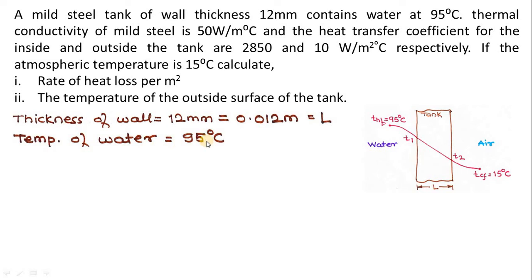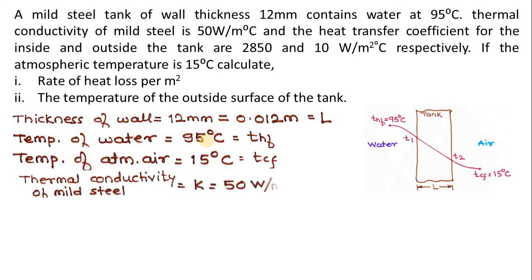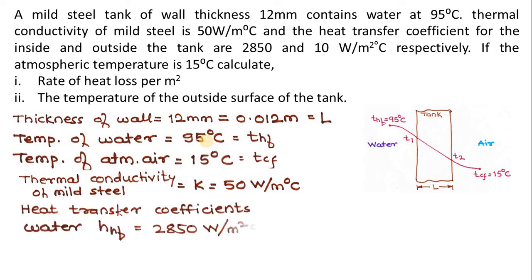Temperature of water 95 degrees Celsius, we called it THF. Temperature of atmospheric air 15 degrees Celsius, we can call it TCF. Thermal conductivity of mild steel K is equal to 50 watt per meter degree Celsius, and heat transfer coefficient inside and outside. So let's find out this inside.